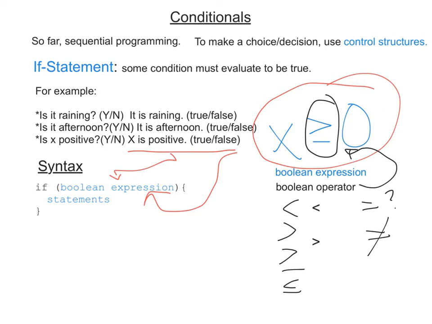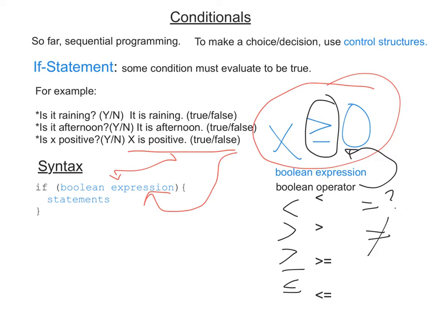So the less than and the greater than, we write exactly how you'd think we write them. But the greater than or equal to sign, we don't have on our keyboard. So we write the greater than, and then we write an equal sign. And then for the less than or equals, we write a less than and then an equal sign. Now, those are pretty straightforward, and they make a lot of sense.